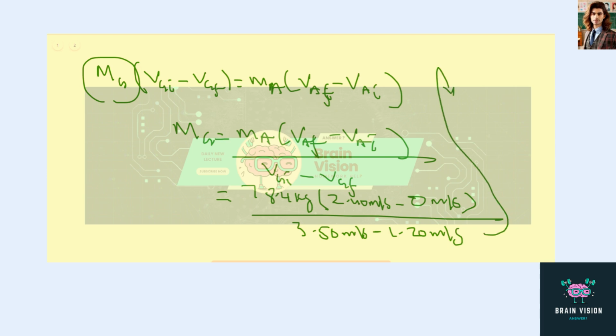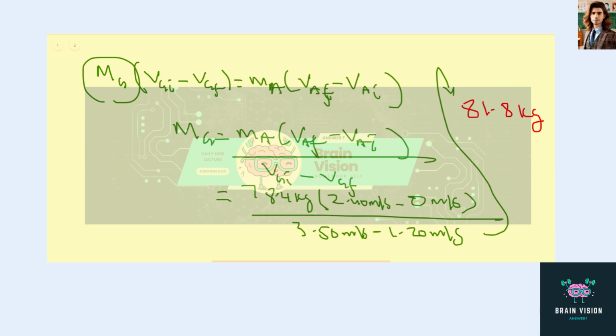When you solve that, you end up getting the mass of the gas canister, which is roughly 81.8 kilograms.